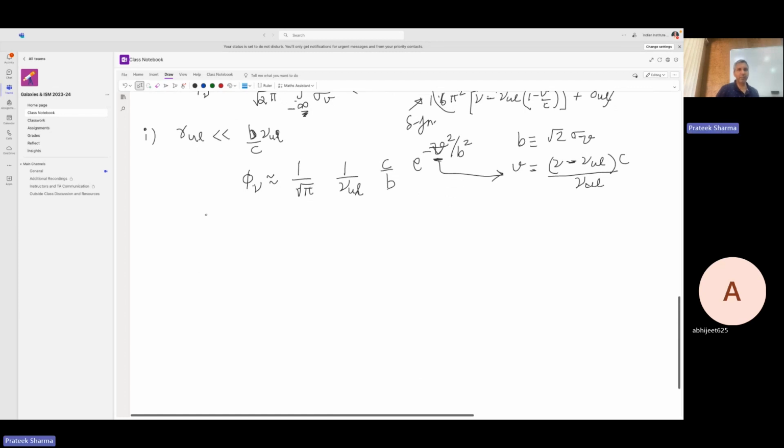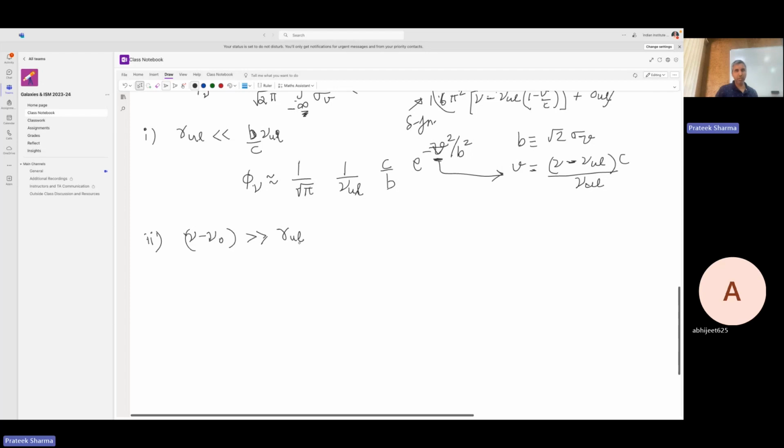So the other regime. This is the Doppler regime. The other regime is when your nu minus nu naught, so you're very far away from the resonance, is much greater than your sigma UL, of course.